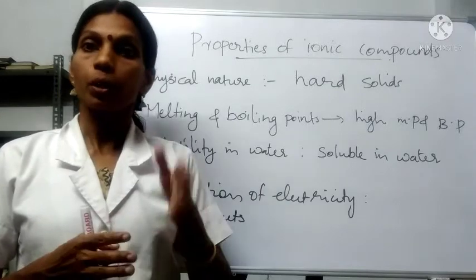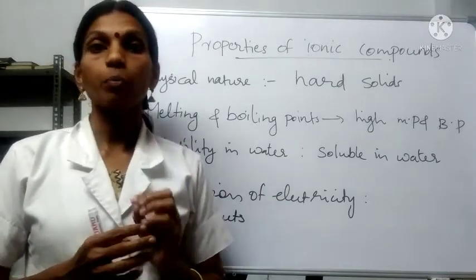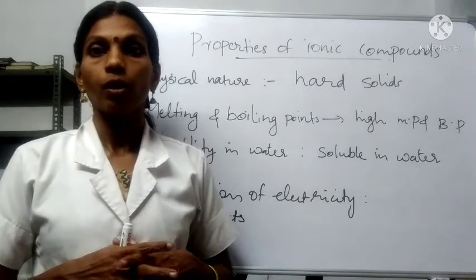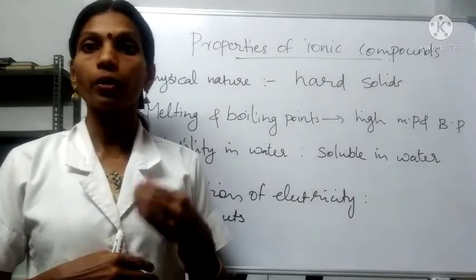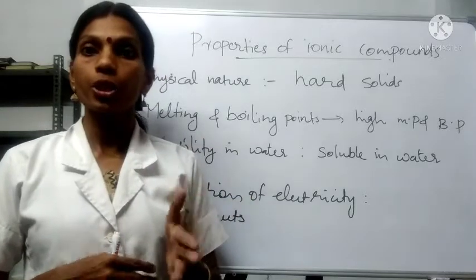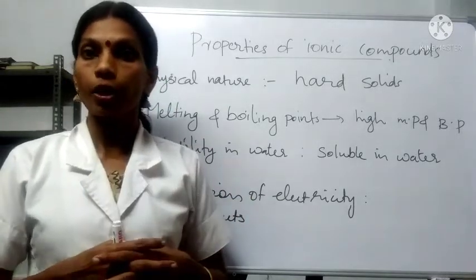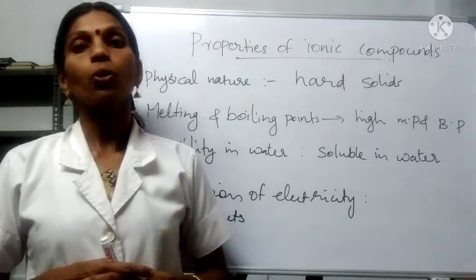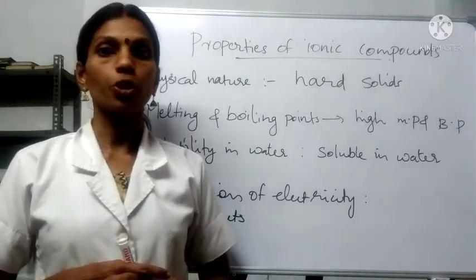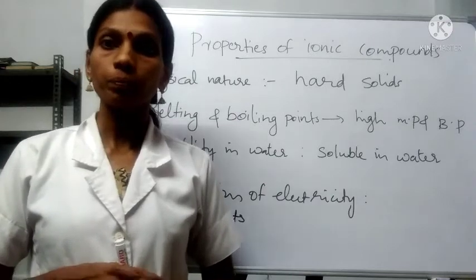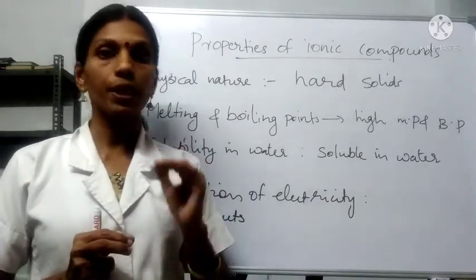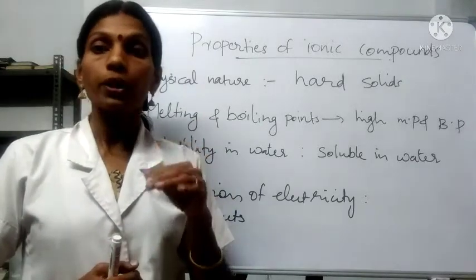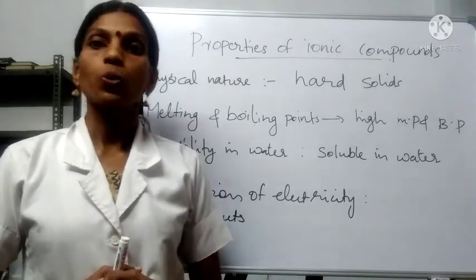It is because in the molten state, the force of attraction between the positive and negative ions is broken. We heat that solid ionic compound and, using that heat energy, the force of attraction between the ions breaks. As a result, the ions are capable of moving, so it can conduct electricity in the molten state also. So we can tell that these ionic compounds can conduct electricity in molten state and in aqueous solution, but not in the solid state.